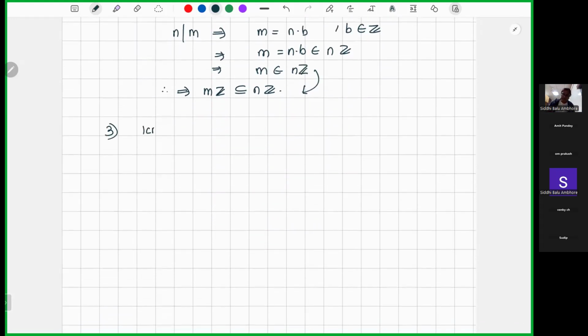The next they are saying is that LCM of M comma N belongs to MZ plus NZ. First of all, is this true? Or do you have any example where this does not hold?